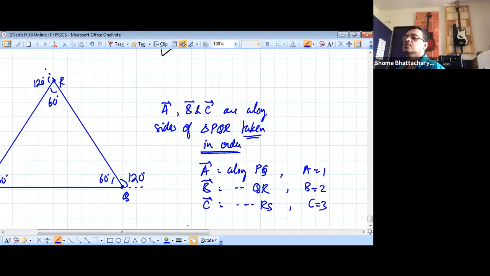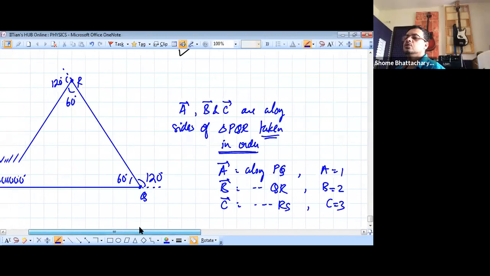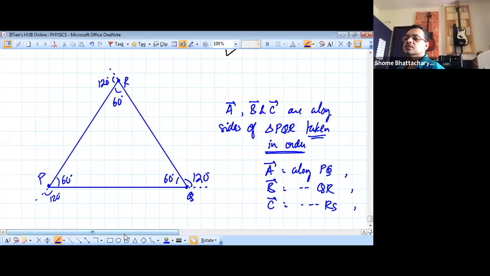magnitude of B is 2, magnitude of C is 3. Okay. So now I don't know what the side length of the triangle is. It could be anything. So let me assume it's a large triangle. Okay. So then A should be a vector which is, let's say, like this along this side PQ, but of magnitude unity. So then in comparison, how is the vector B going to be?